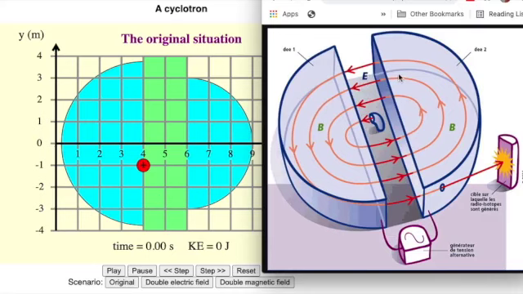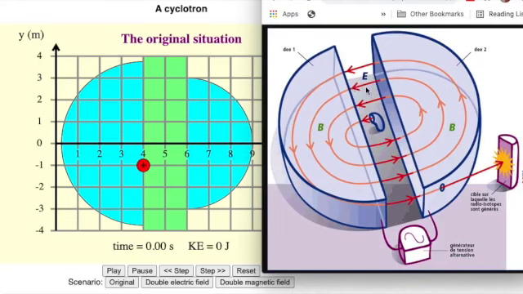Since these two are metal containers, no electric field will affect the charged particle inside the Ds. Hence, the charged particle experiences only the magnetic field inside the Ds and only the electric field in between the Ds, which means the charged particle, due to the magnetic force, will move in a circular path inside the Ds and will accelerate in between the Ds due to the electric field.